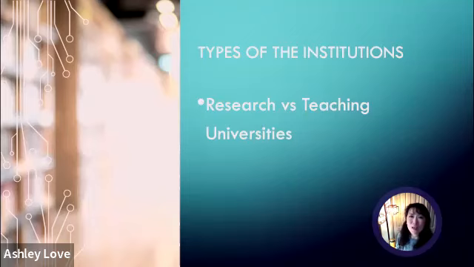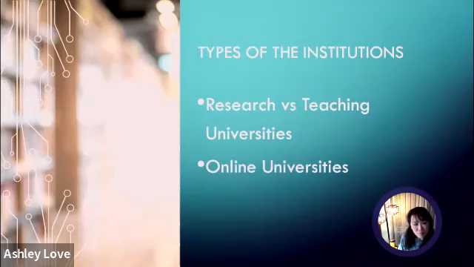R1 is the research institution, and it goes from R1, R2, R3, and usually R3 is a teaching level. R1 is where like 60% of their revenue is coming from grants, is what I believe. So I have to double check on those numbers.